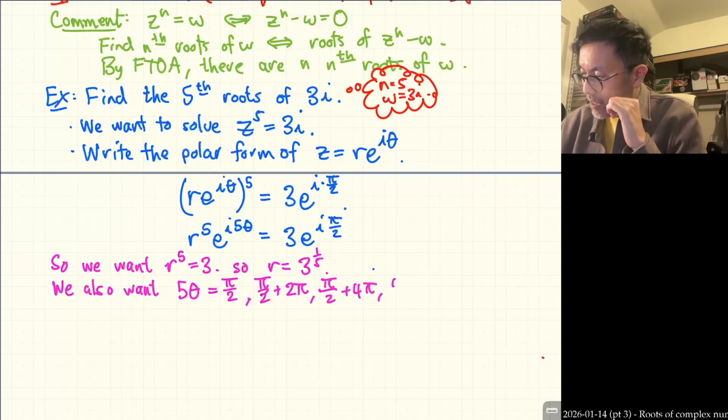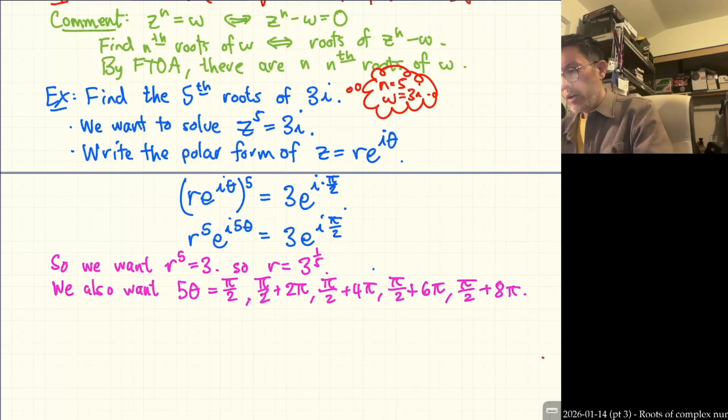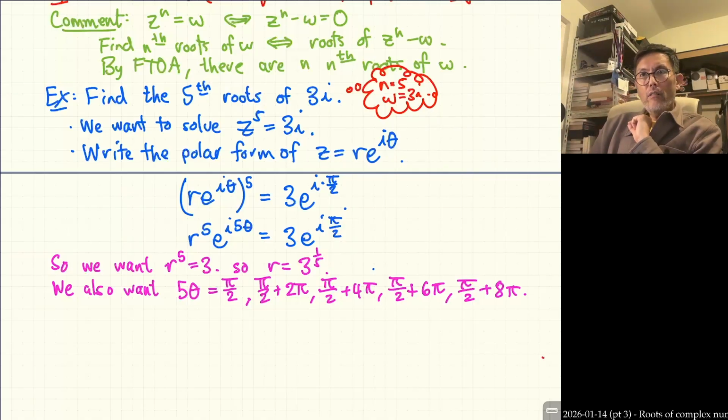And what if we added 6 pi? And what if we added 8 pi? Okay? So in other words, 5 theta could be equal to any one of these 5 different angles.